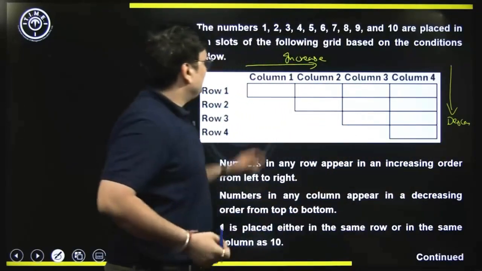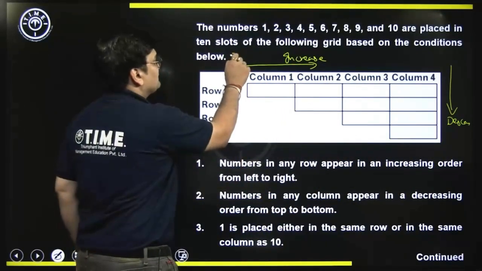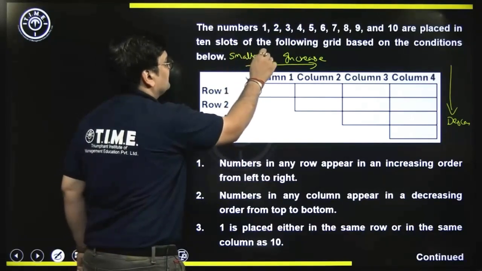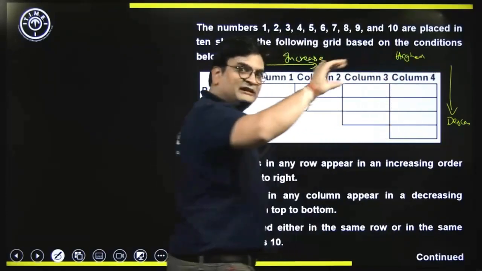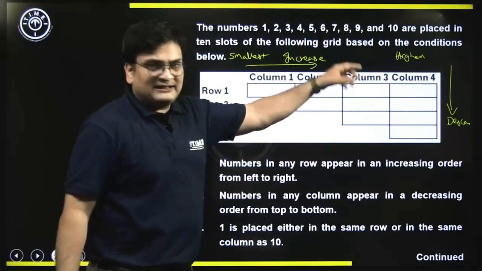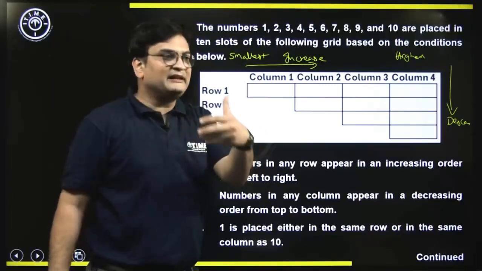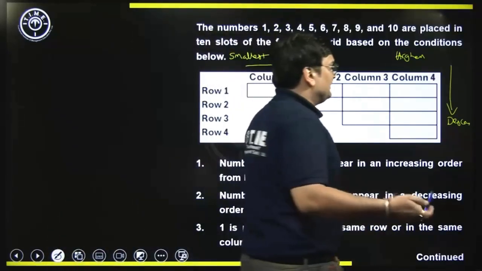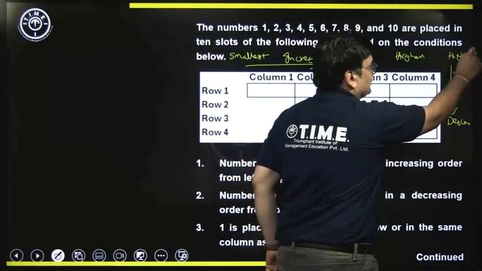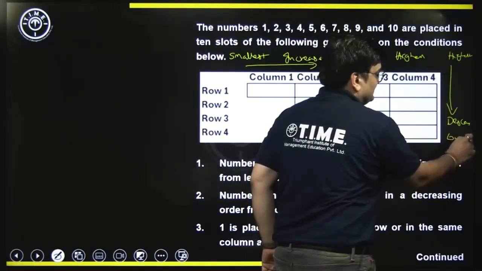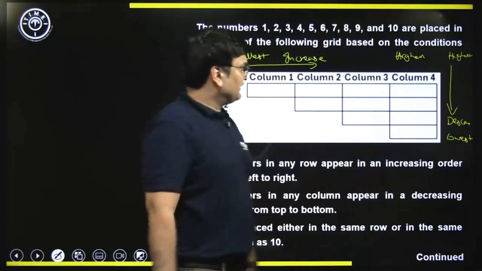What does it mean when I say it is increasing order? The smallest will come on the extreme left and the highest will come on the extreme right in any row. Similarly, when I say in each column the numbers are in descending order, that would simply mean the highest would come at the top and the lowest would come at the bottom.